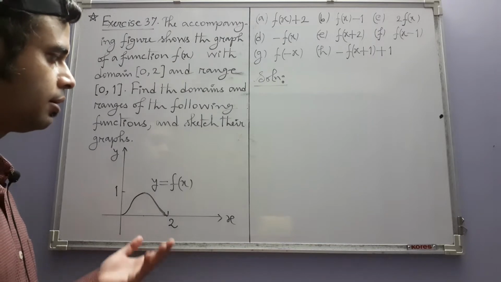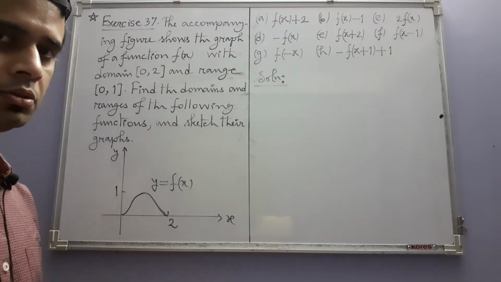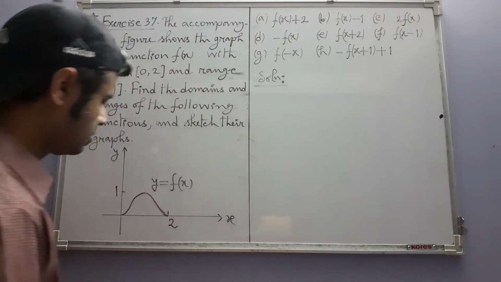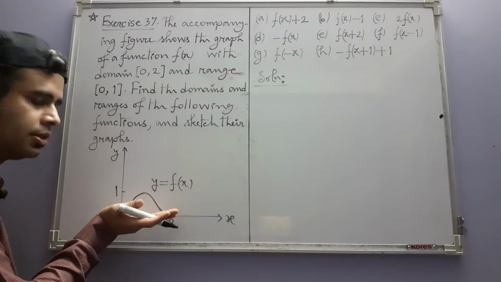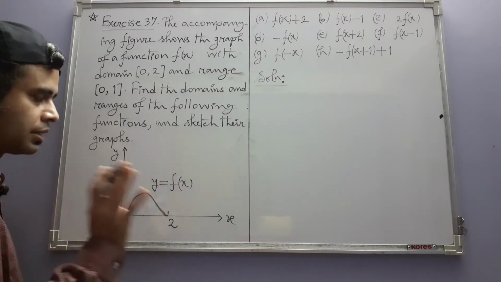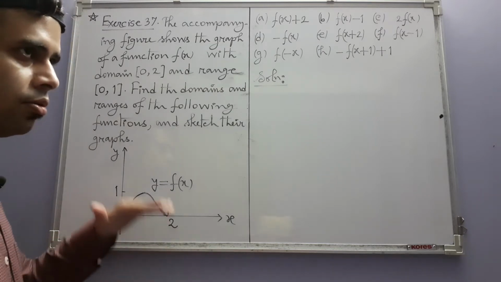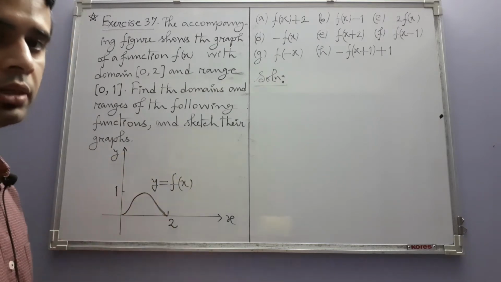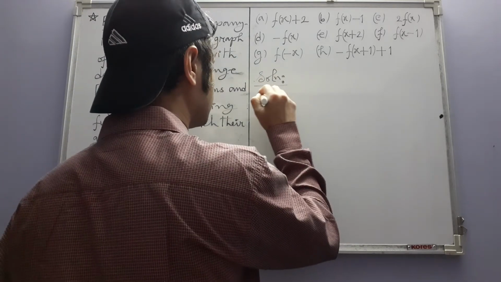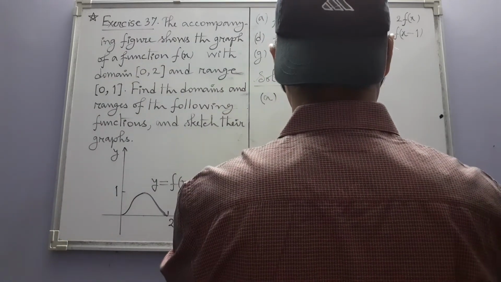That means we are increasing all the old y values by 2, by adding 2 to them. So naturally the old graph will go up by 2 units and make the new graph. It will look like this.